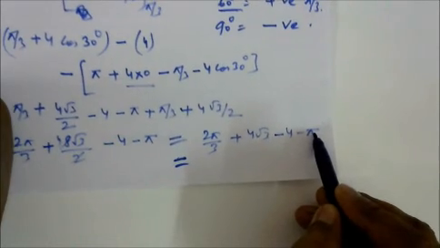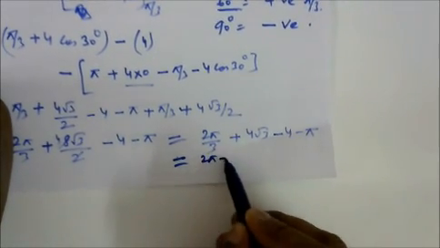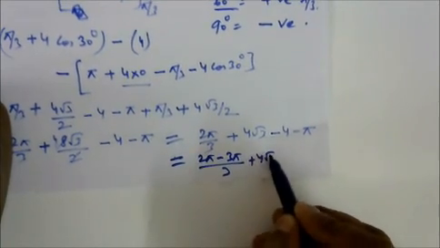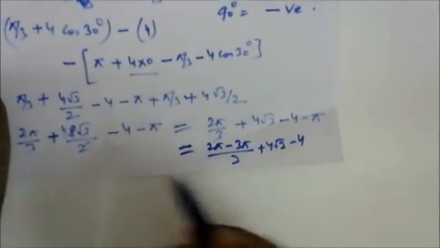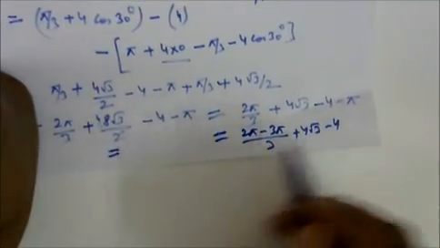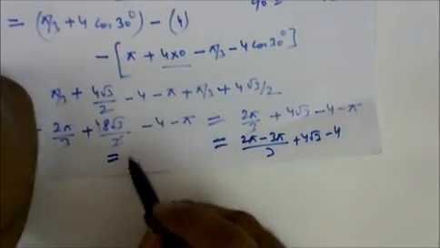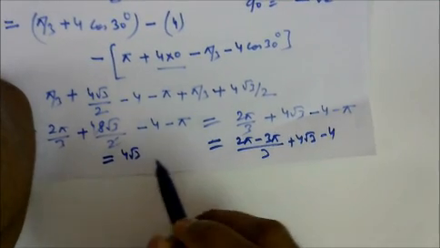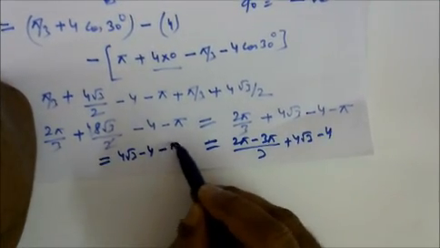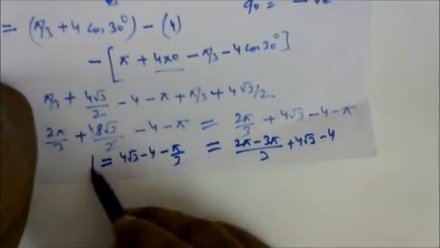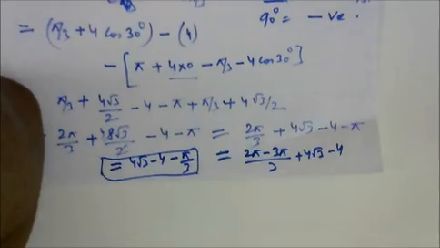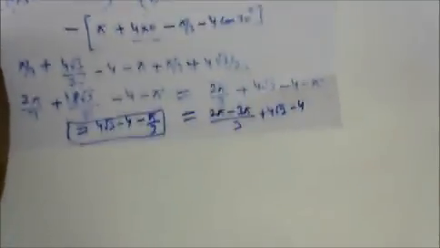So it will become 2 pi minus 3 pi by 3 plus 4 root 3 minus 4, and which is giving to us the answer as 4 root 3 first, then we will write minus 4, and this one will become minus pi by 3. Okay, so this one will be the answer of this particular integral. Okay, thank you.